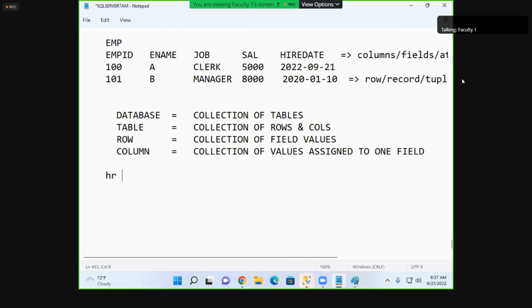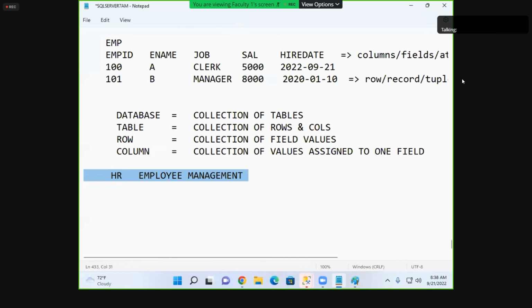You search anywhere, but design the database for the HR department. What will the HR department do? Employee management. You collect the tables and design them.